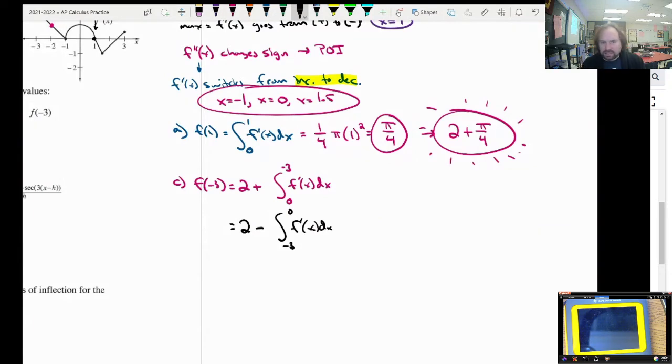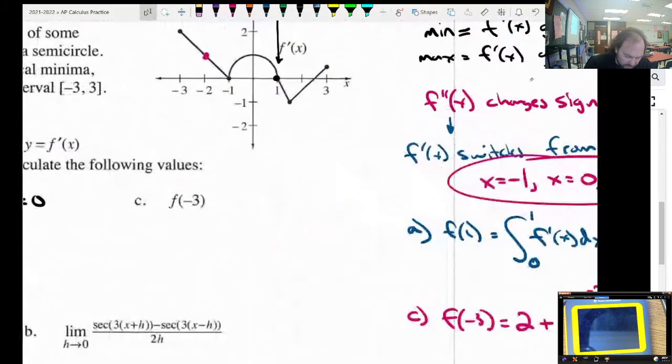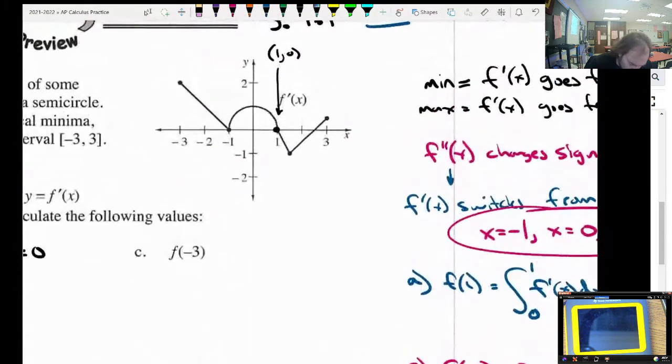Now, if we look up at this graph for a minute and we think about the area under the curve from negative 3 to 0, and we're subtracting now, so the actual positive thing, it's actually not too tough to get. The area of this triangle here is just going to be 1/2 times base times height, or 1/2 times 2 times 2, which is just going to be 2.